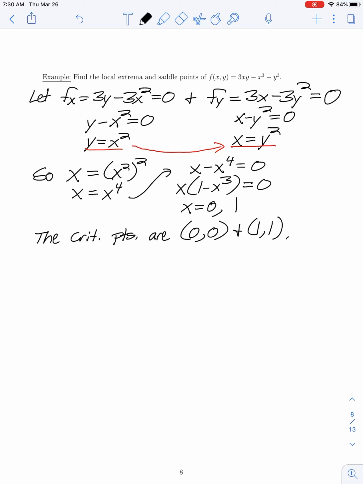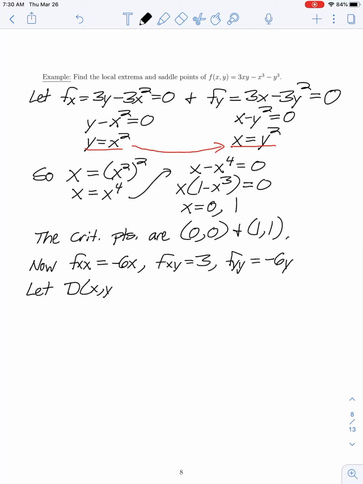And to determine whether they yield maximum or minimum values, or saddle points, we need to find our second order partials. Starting with the partial derivative, f sub xx, we have negative 6x, f sub xy is 3, and f sub yy is negative 6y.